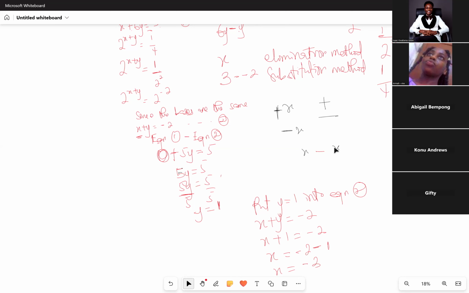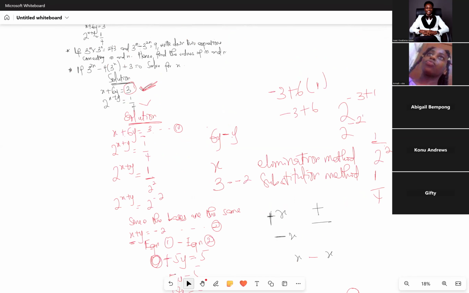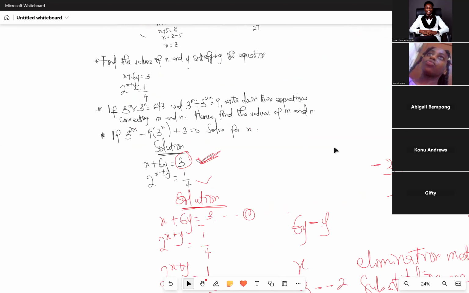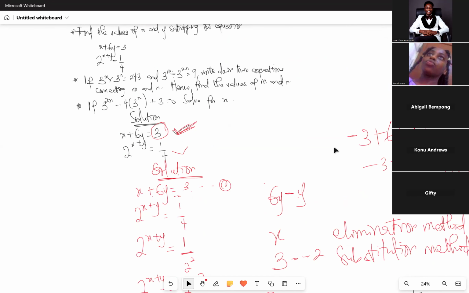Please, you can solve the last one, then move to logarithm. How about the others? Which one? The number two. I was talking about the last one.